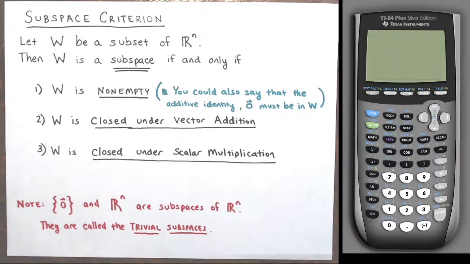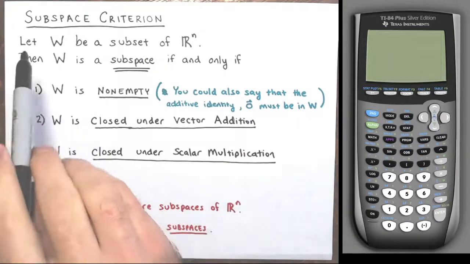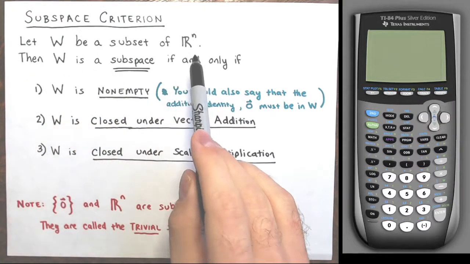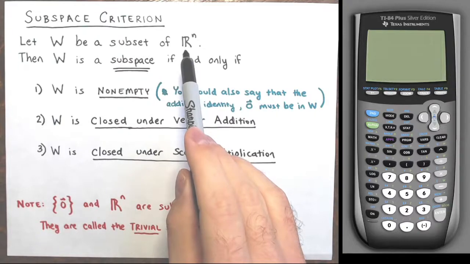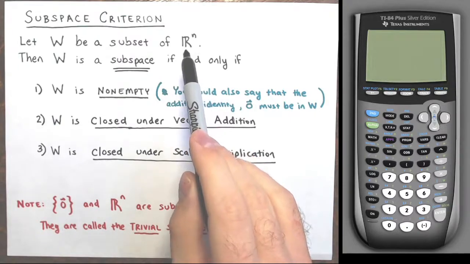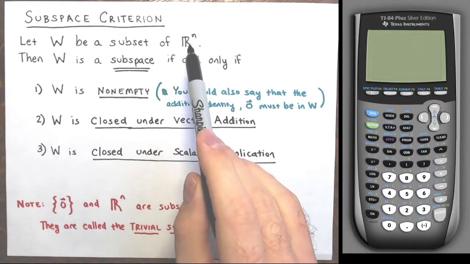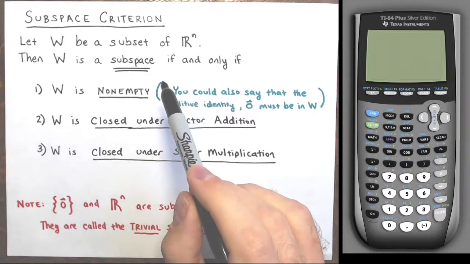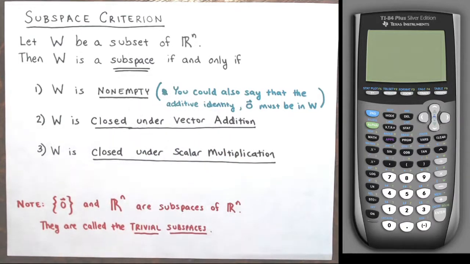Subspace Criterion. So suppose W is a subset of Rn, and we're just talking about Euclidean space here, so collections of vectors with n components where each component is a real number. And also, as I mentioned earlier, the standard definition for vector addition and scalar multiplication.